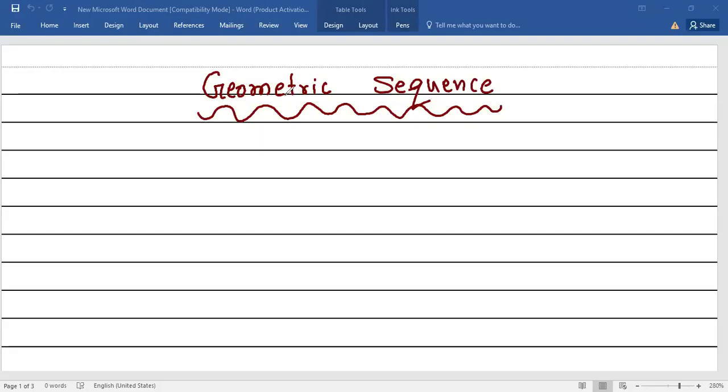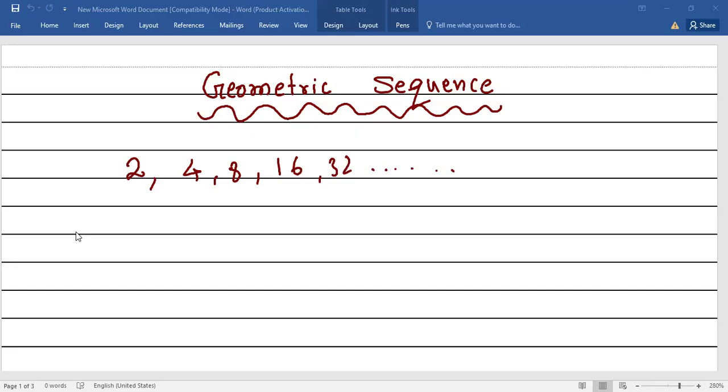So we will look into the basic concepts of geometric sequence. Now, imagine this type of number: 2, 4, 8, 16, 32, and so on.